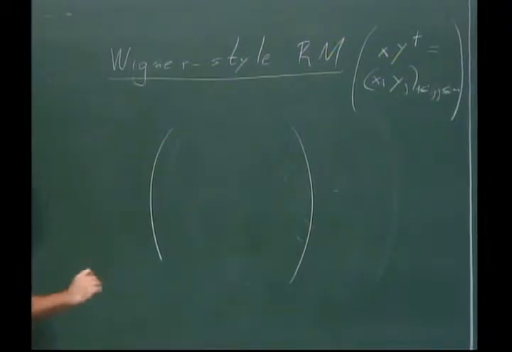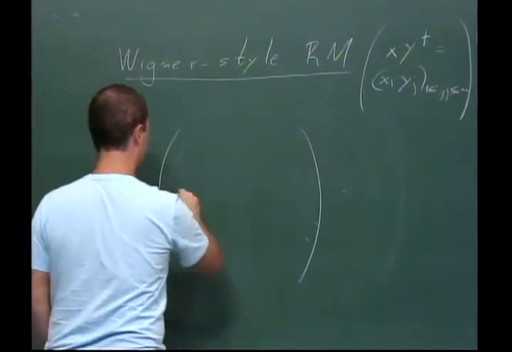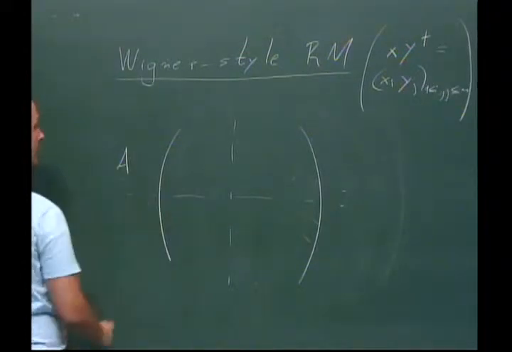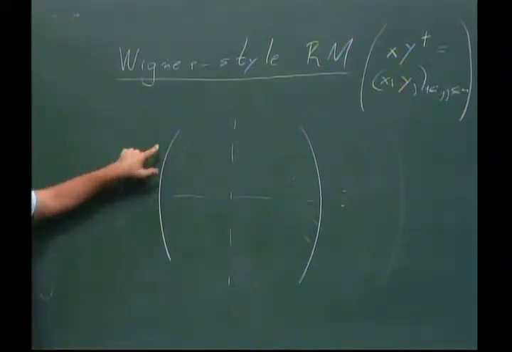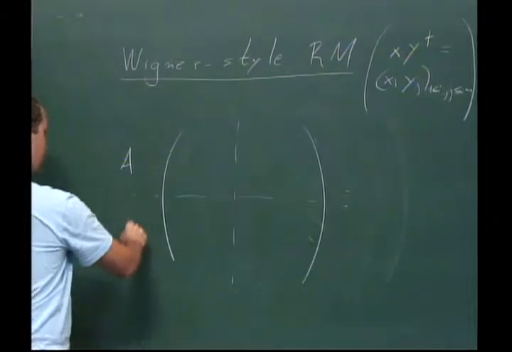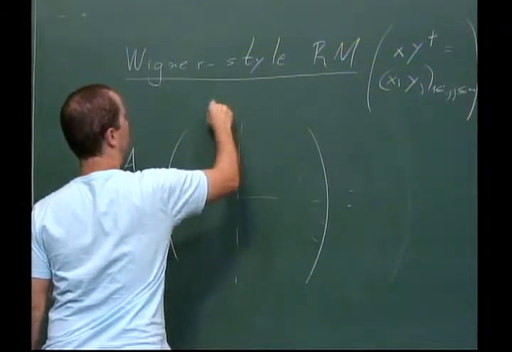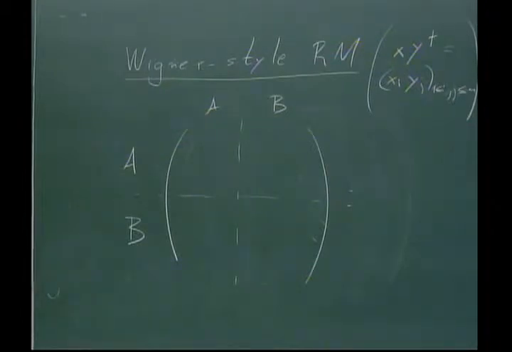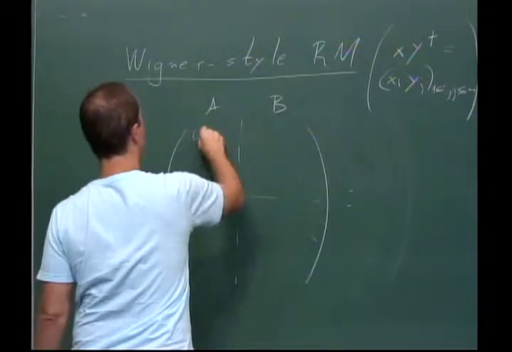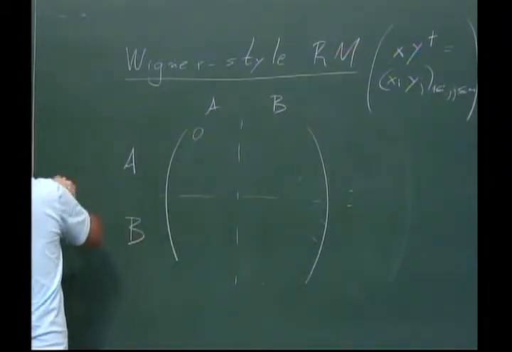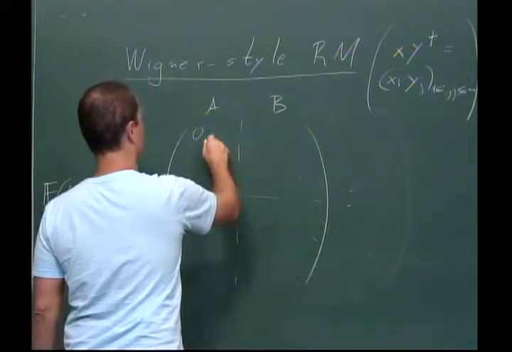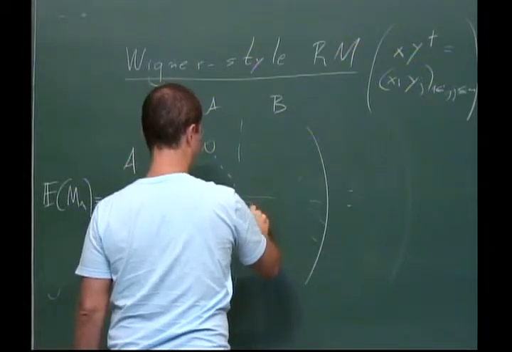So let's assume that by some stroke of luck, we knew that the elements of A are just the first few numbers, and then you have the elements of B. So you have A and B here as well. What would this matrix look like? Well, we know it has zeros on the diagonal. This is, again, the expectation of M sub n. You got zeros all the way on the diagonal.